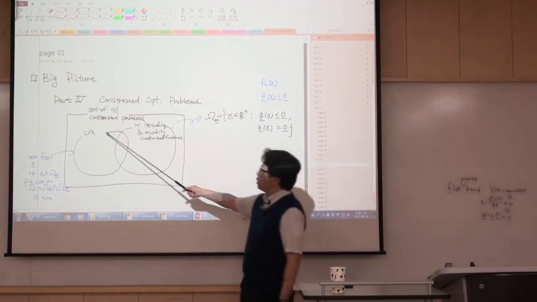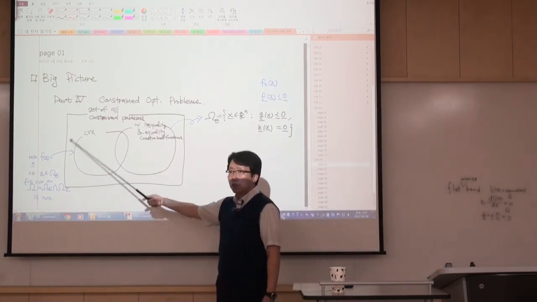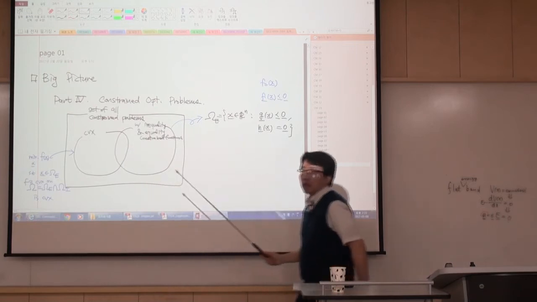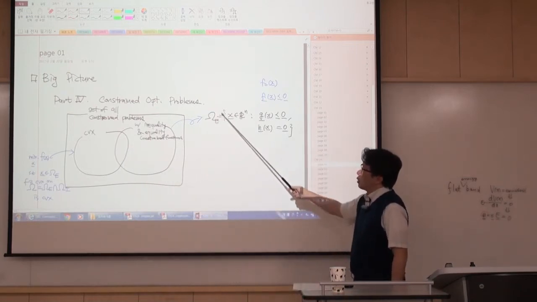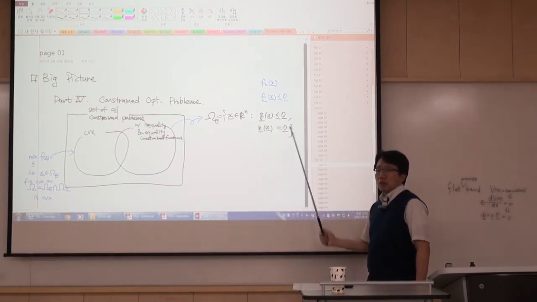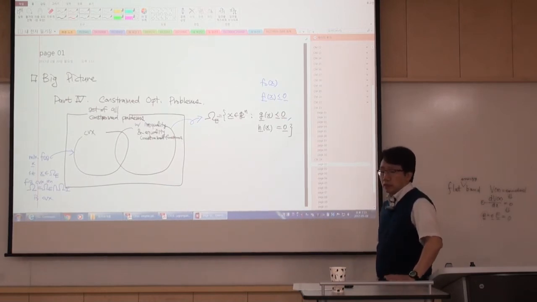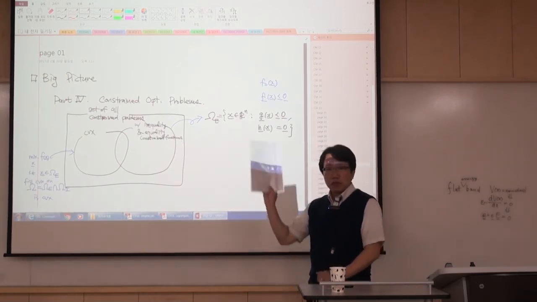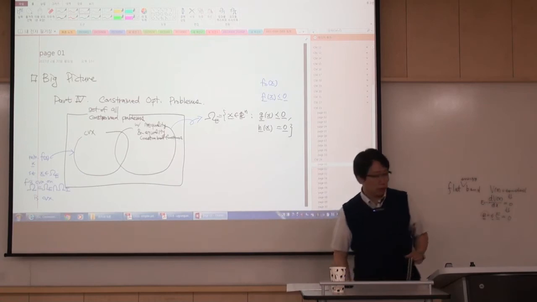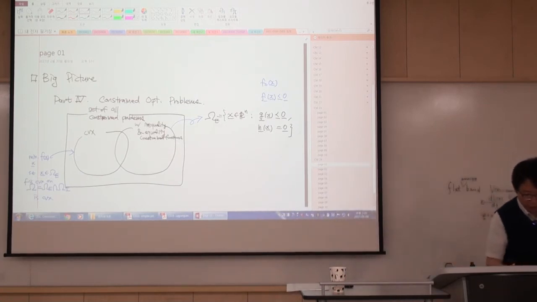The problem is a convex optimization problem, and our explicit constraint set is written in this form. The trouble is this: Stephen Boyd's convex optimization theory is not for this intersected area, but for a smaller area, a smaller subset.